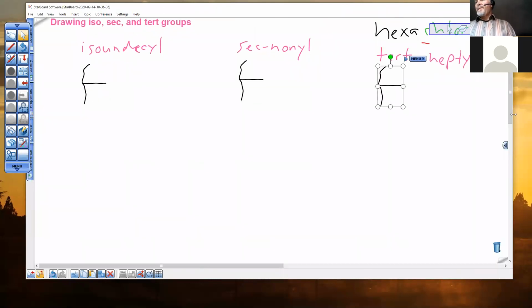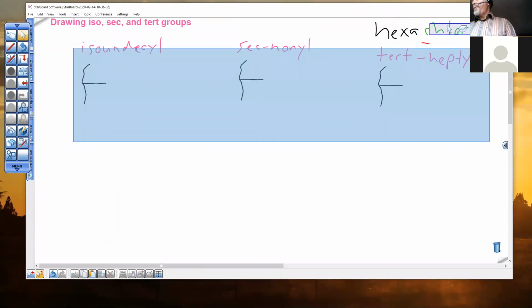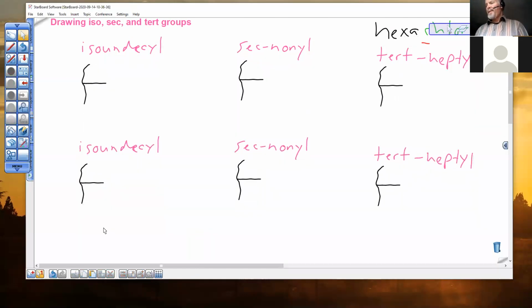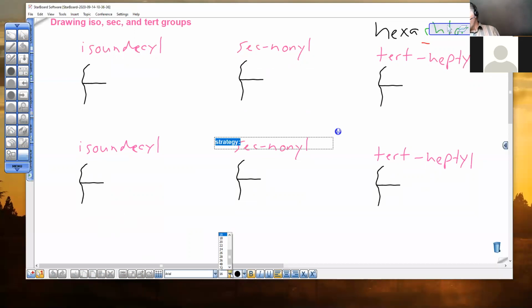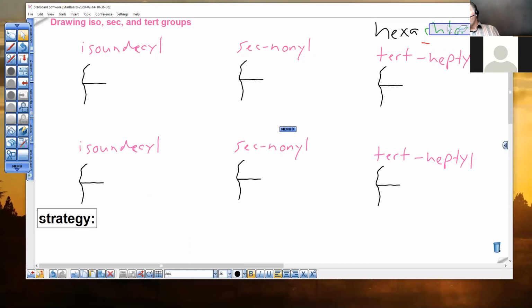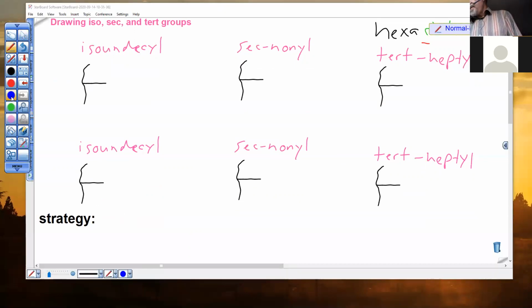So, probably seen this stuff in the book already. Here we go. Strategies. Strategy: draw.